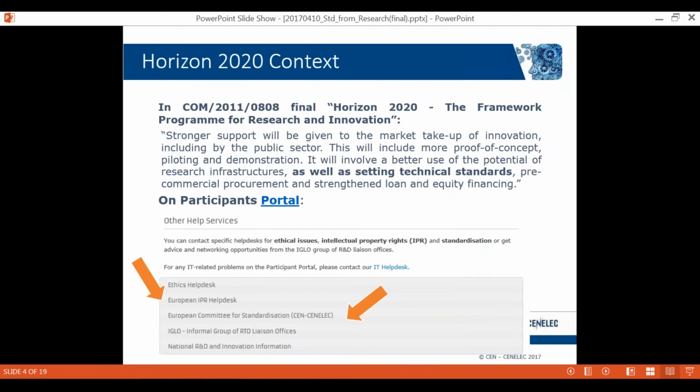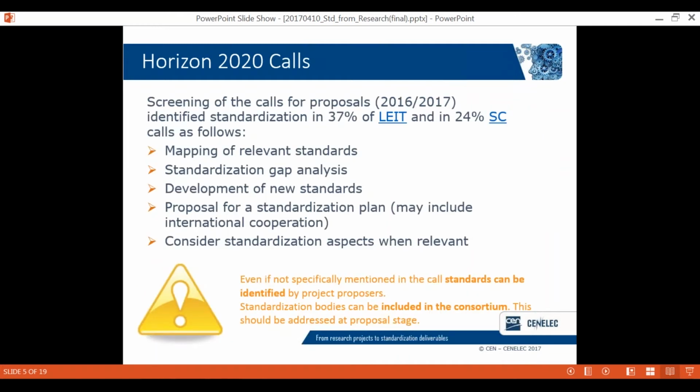What we do here in the CCMC, together with the colleagues in the unit: every year or every 2 years, for Horizon 2020, the European Commission launches calls for proposals. Now, these are open calls for proposals, open tenders, inviting researchers and the innovation community to submit their project proposals.